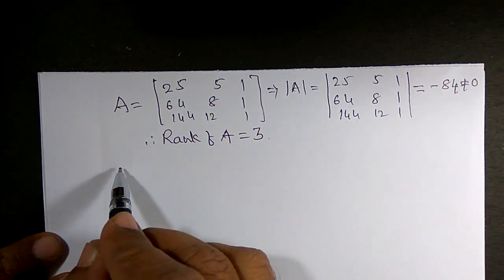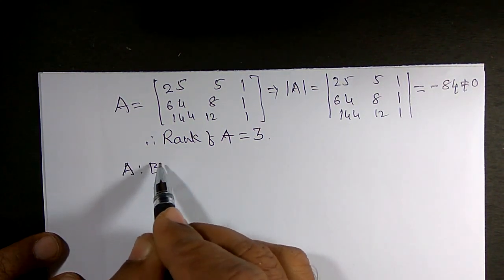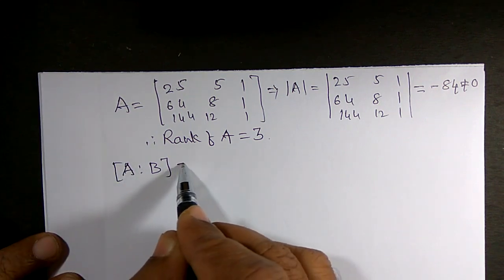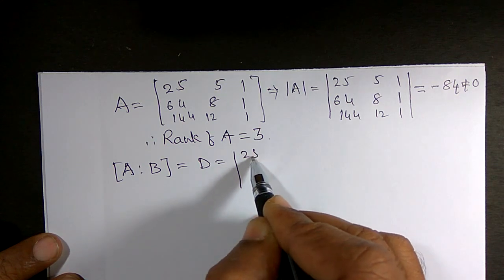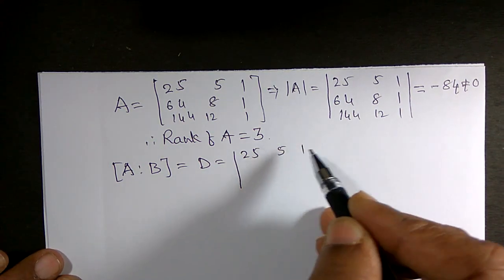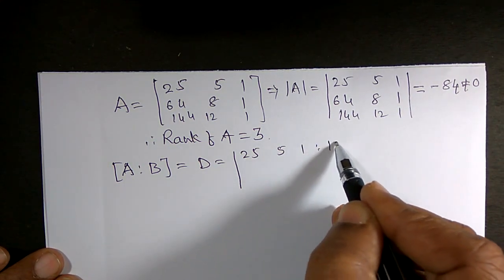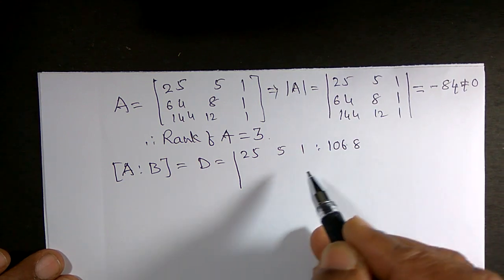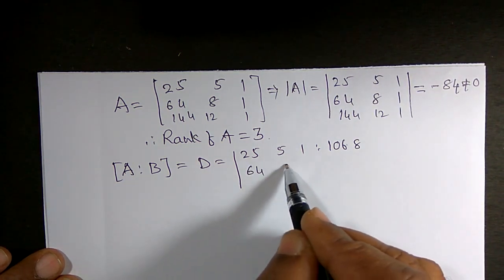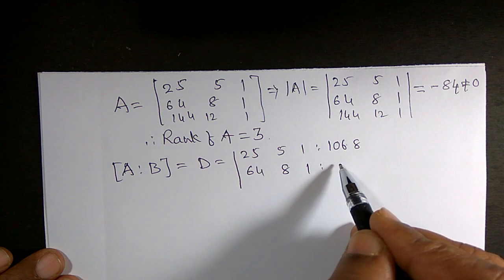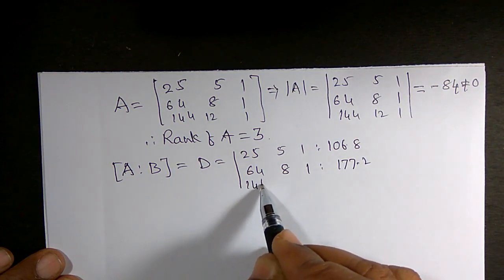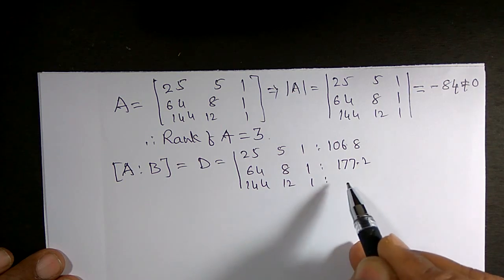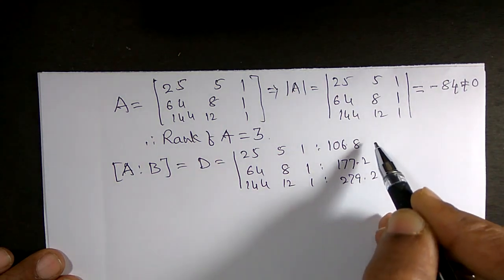Okay. Now I want to obtain another matrix, the augmented matrix. Usually it is denoted by D. So 25, 5, 1 and the right hand side number 106.8. 64, 8, 1, right hand side number 177.2. 144, 12, 1, 279.2.